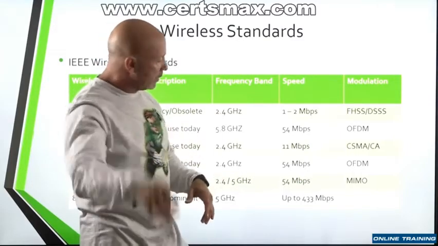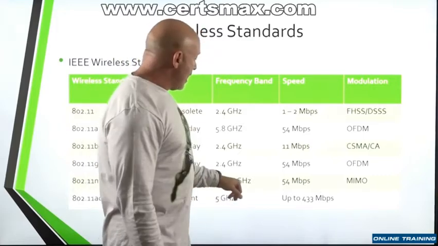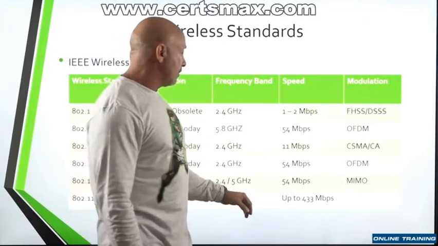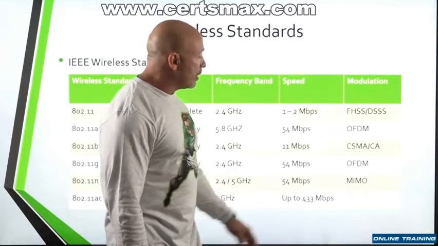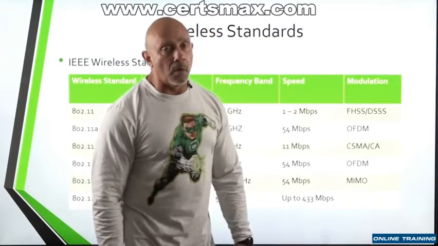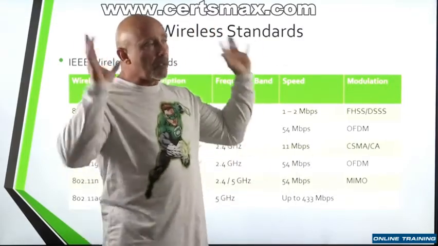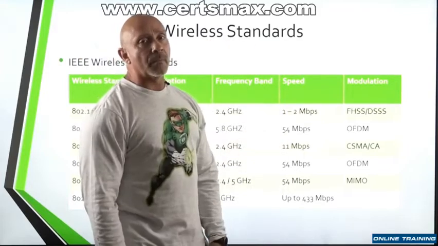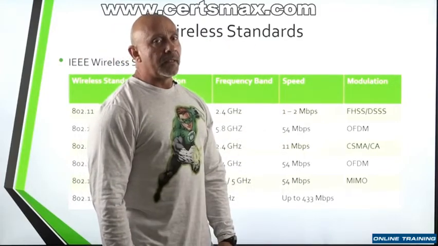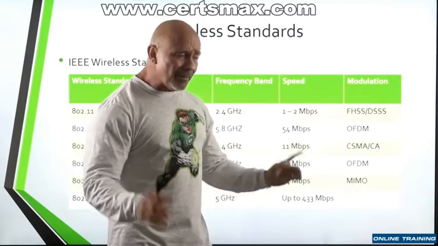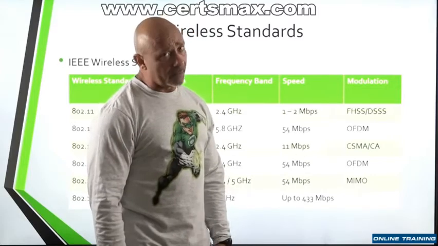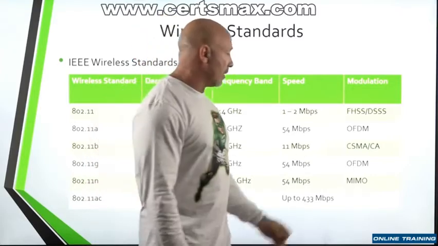I did that in my old place. I actually ran both, okay, and it runs at 54. But you have the MIMO technology, multiple in, multiple out. So you have multiple frequencies going out because of multiple antennas to get to where you need to go. And believe it or not, I still needed to use an extender, okay.